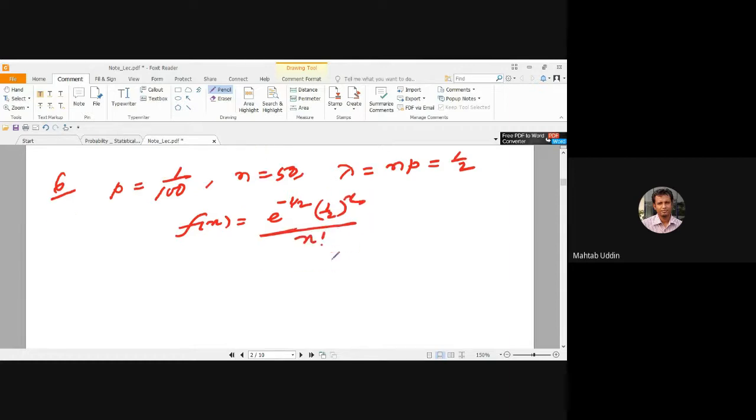Now they asked for no flaw in this length. So e to the power minus half, half to the power 0 by 0 factorial. Using a calculator, you will get 0.606. Okay.